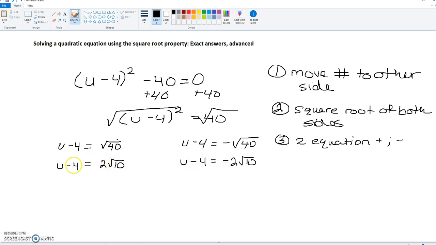Okay, so the last step is we've got this negative 4 and we need to move it to the other side. Now, we can't combine this with what we have over there because what we have on the other side of the equal sign has a radical. So they're not like terms. And so as we're moving it, we're simply going to have u equals 4 plus 2 square root of 10.